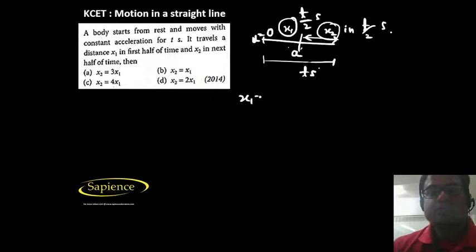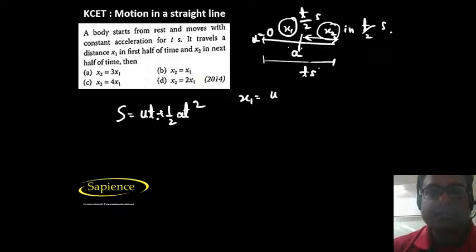So x1 is the distance it covers in time t by 2 seconds. We know that s is equal to ut plus half at square, the displacement covered under constant acceleration, where u is the initial velocity, a is the constant acceleration, and s is the displacement covered in the time interval t.